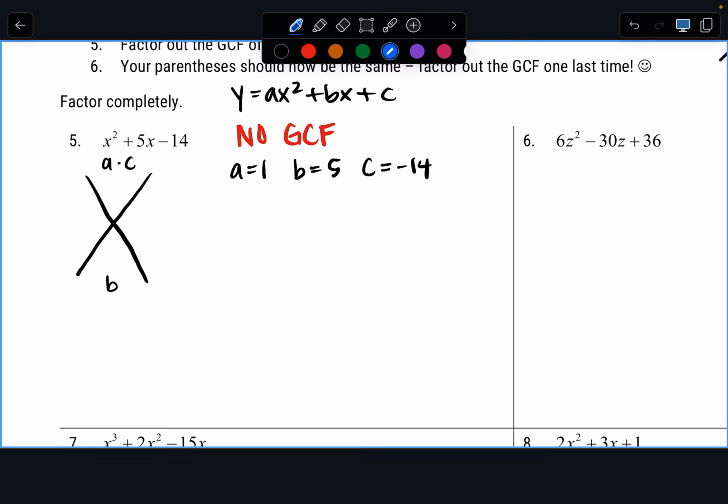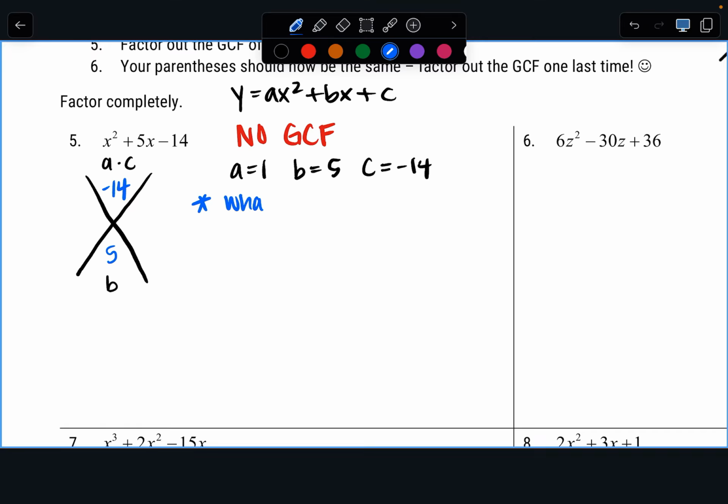A times C is -14. Okay. What is B? 5. So what you're kind of doing in this process, and this is where the number sense is really important, I'm going to write it out in words, but this is things you're going to do in your brain when you're trying to factor this on your own.